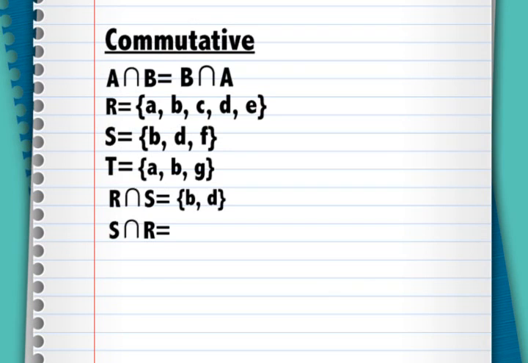S intersect R will be the elements B and D. So what we see happening here is that R intersect S refers to those elements that are in R and also in S, which are B and D. S intersect R refers to those elements that are in S and also in R, and those elements are B and D again. So we see here that R intersect S gives us the same thing as S intersect R. All right?